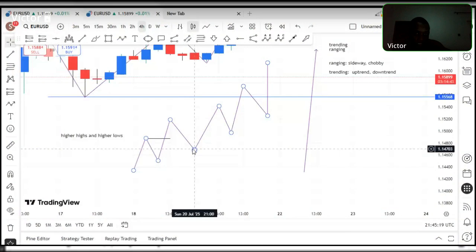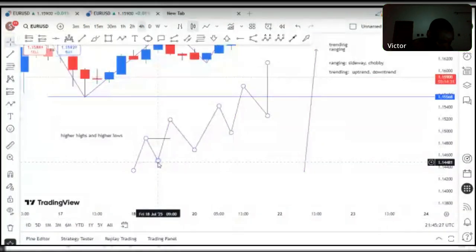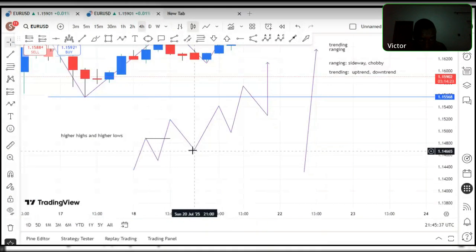That's why this one is called higher low, because it's higher than this low. Do you guys understand? Okay. Now, because this low is lower than this particular low, so this particular low is called higher low.